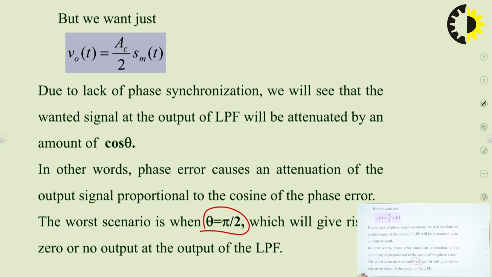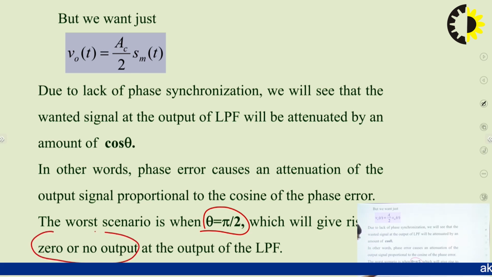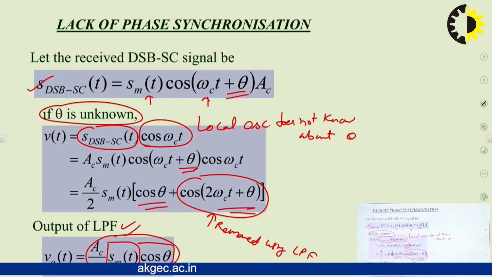It will give us 0 or no output, because cos pi by 2 will give us 0 and 0 multiplied by anything will give you 0. So if cos theta is 0, the total output will be 0. So that is the synchronization issue.